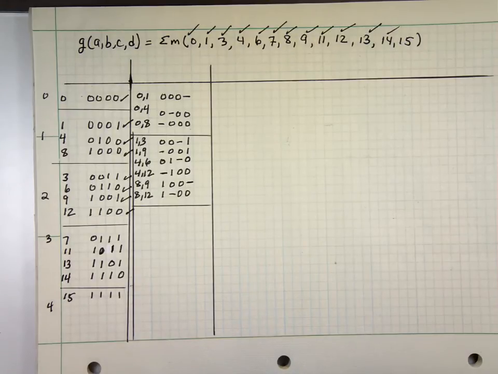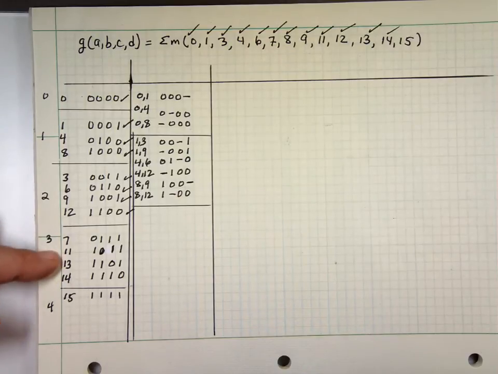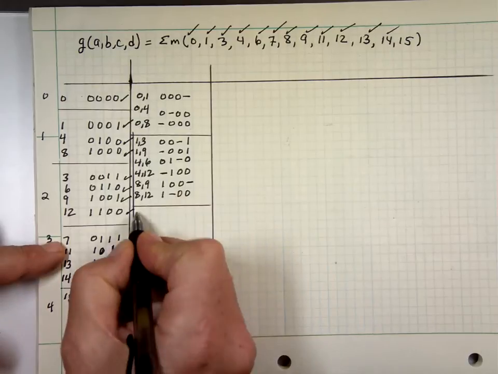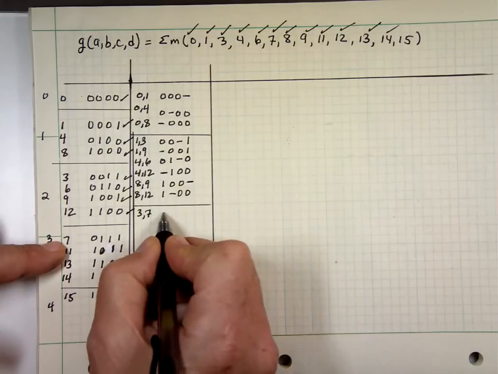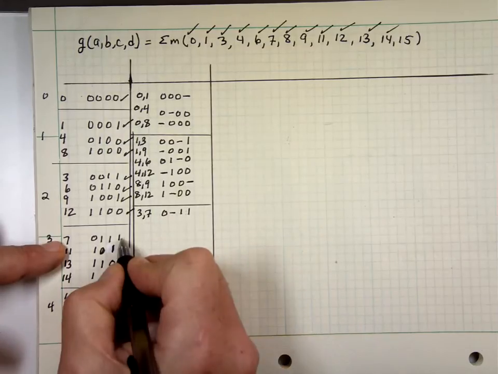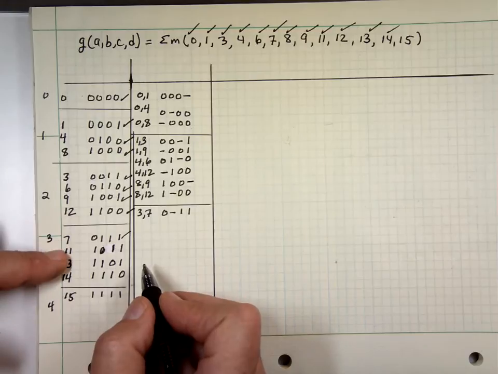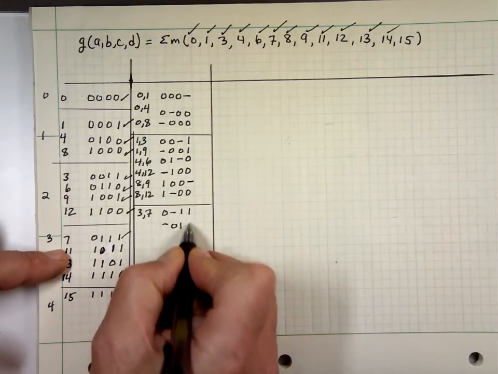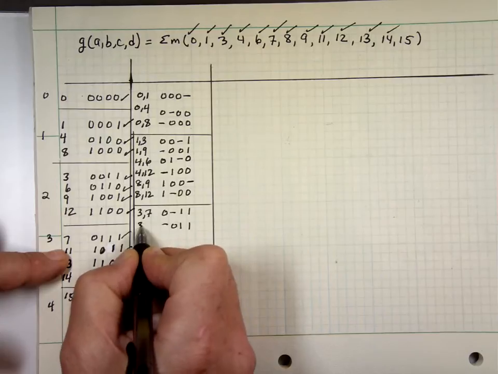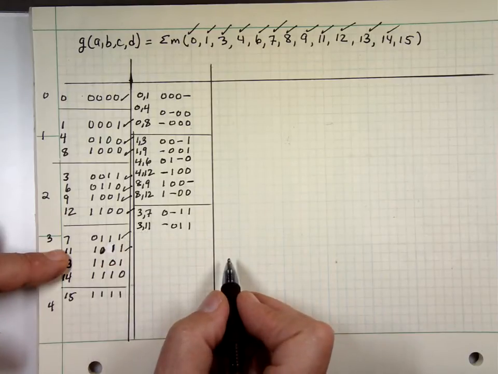Now that I come back, this and this. I told you, one class I'm not a fan of. I go blind. How about 3 and 7? Yes. 0 dash 1, 1. How about 3 and 11? Dash 0, 1, 1. That's 3 and 11. How about 3 and 13?